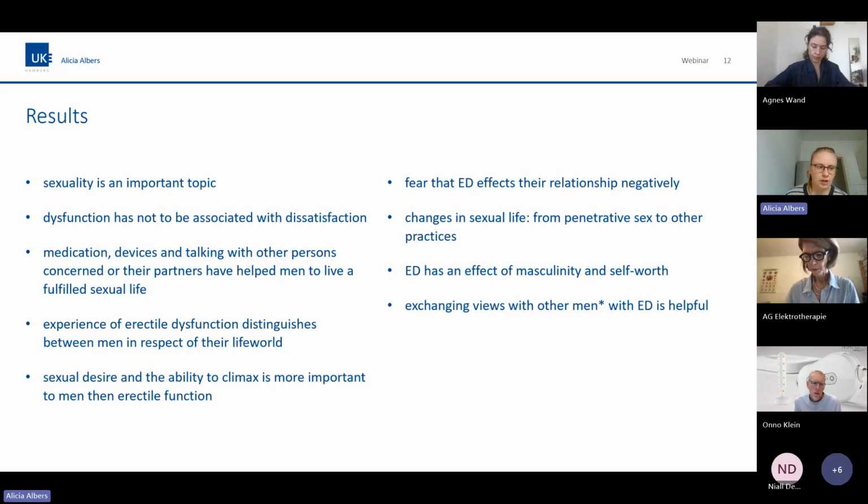Even though there are changes in sexual life, like the removal of penetrative sex, they also make the point that sexual desire and the ability to climax are more important than the erectile function. The men emphasize the social and psychological effects, like fear of losing their wife and the effects of feeling less masculine.